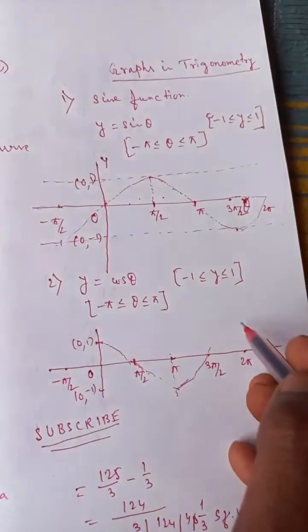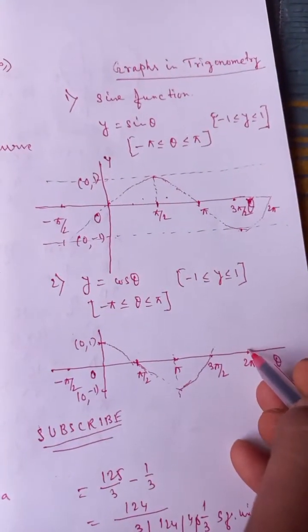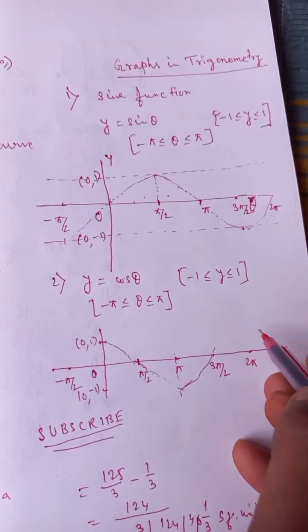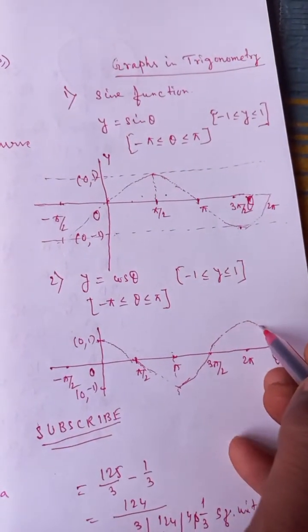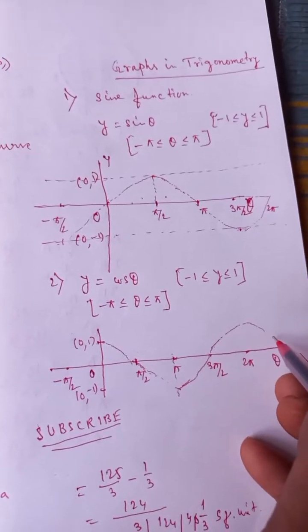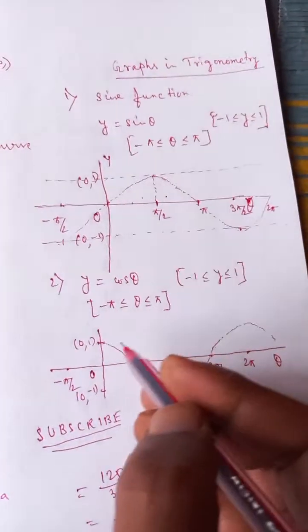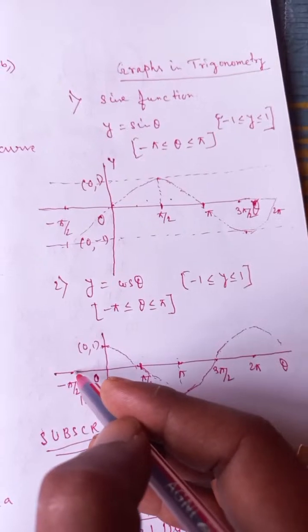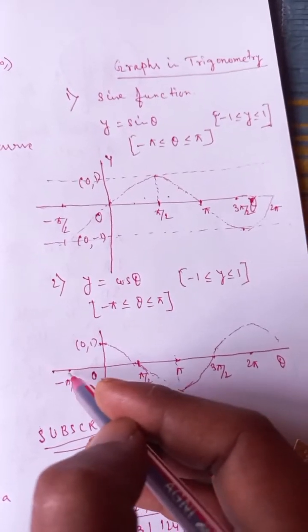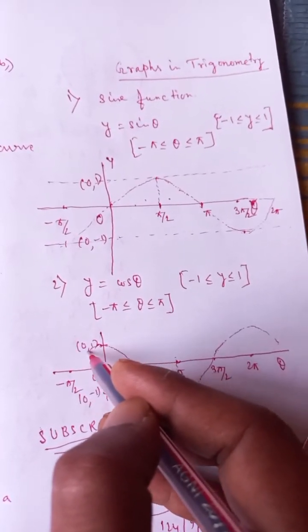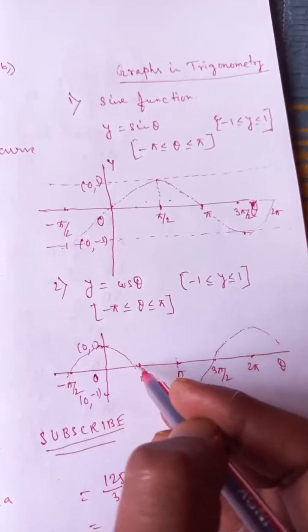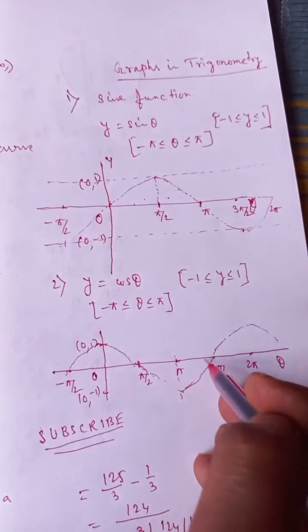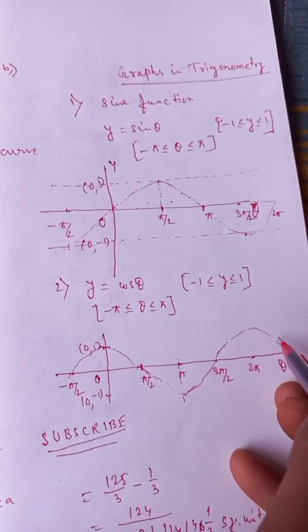So here it completes a half wave. And for the fourth quadrant, 0 to minus pi by 2, it is positive, so it will touch here. So in this way, the cos function's graph can be represented.